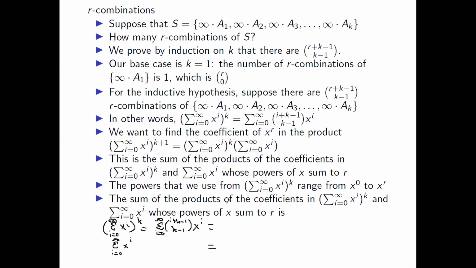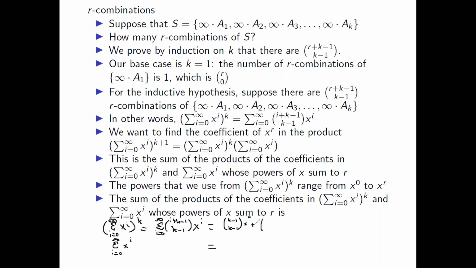So for this first one, I'm going to get k minus 1 choose k minus 1 times x to the 0. Let me actually throw that x to the 0 on there.